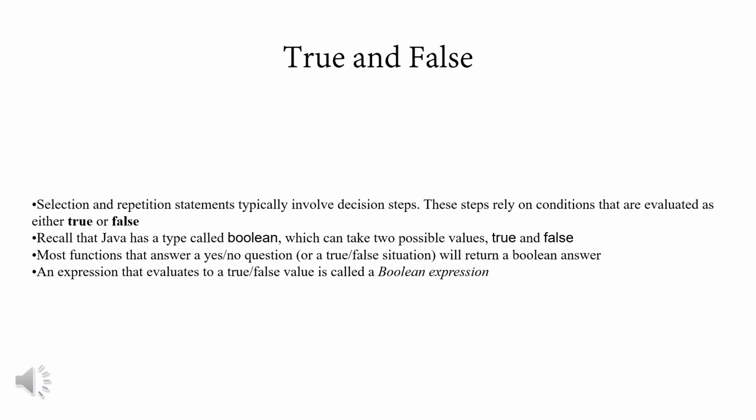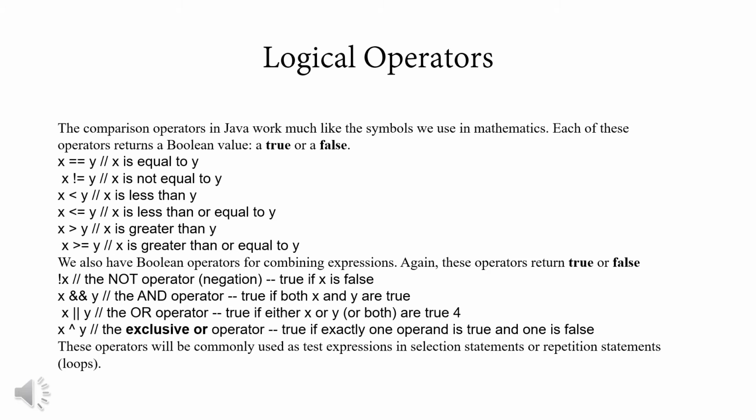In programming languages, there are some expressions that can also have true or false values, and they are called Boolean expressions. So these are some examples that can have two values, true or false. That is good to know, and we will use them in selection and repetition. So we have some logical operators.